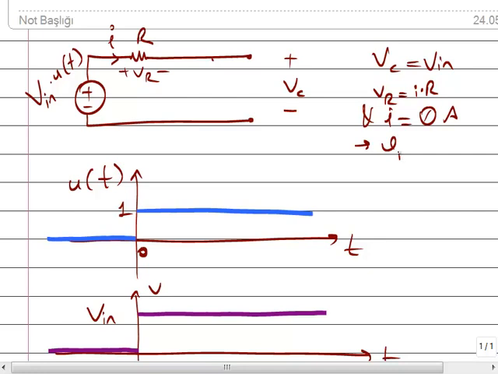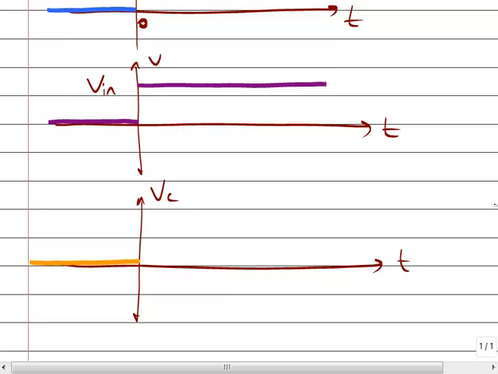So VR is 0. So it's very obvious that we expect VC to be equal V in. Okay, so my expectation is this. It's equal to V in.